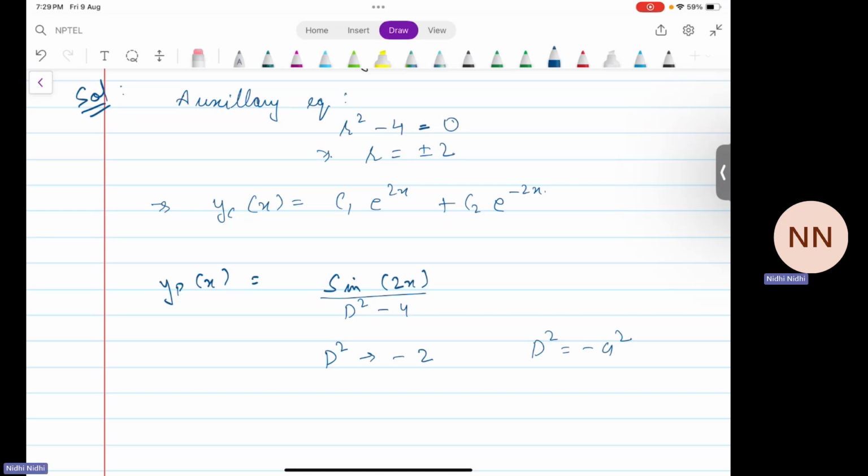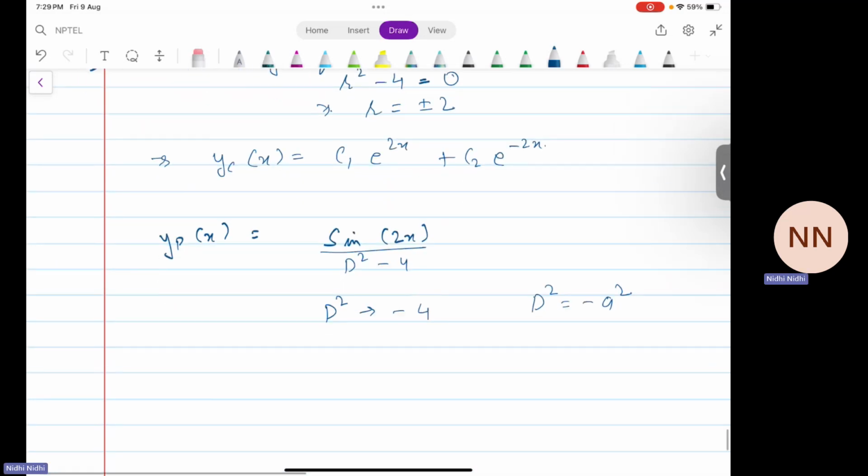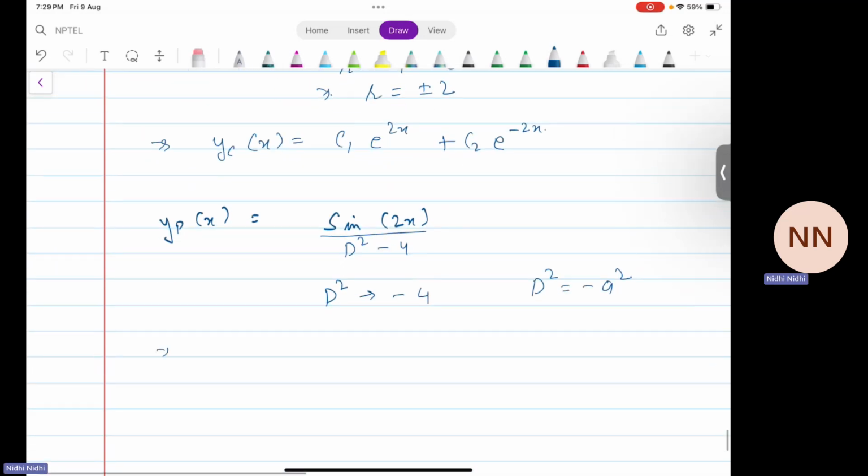D square is replaced by minus a square. So this is minus 4. So we can put D square equal to minus 4. The denominator will still be non-zero. So ypx is equal to sine 2x by minus 8.